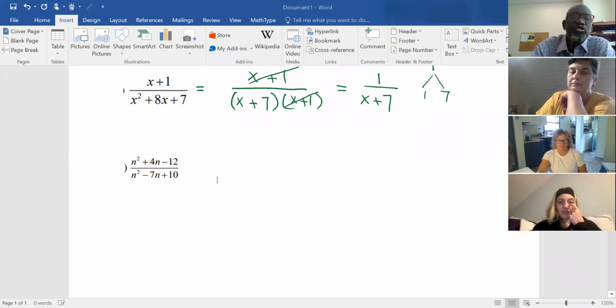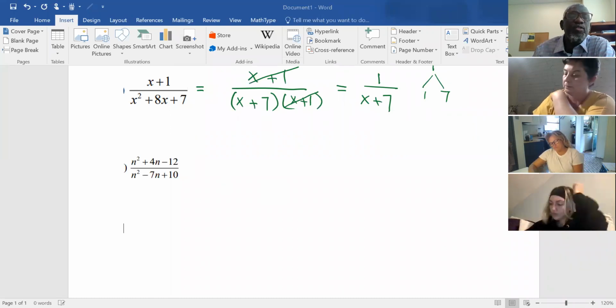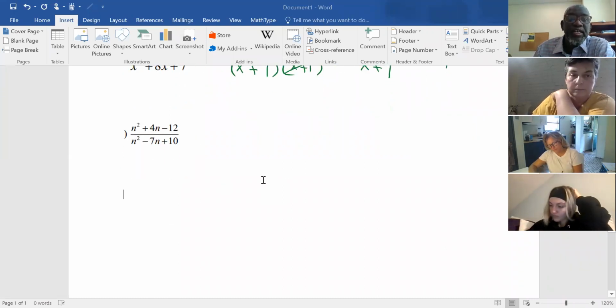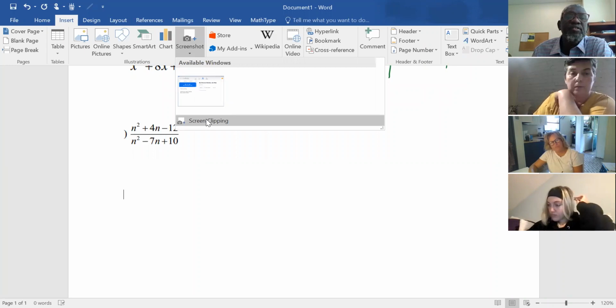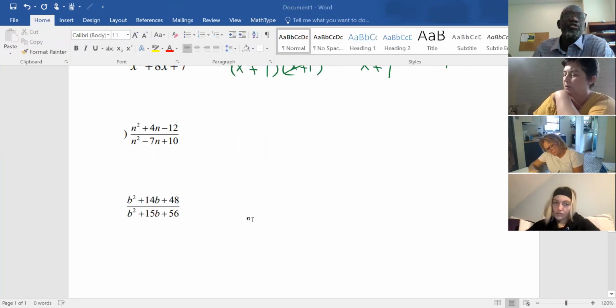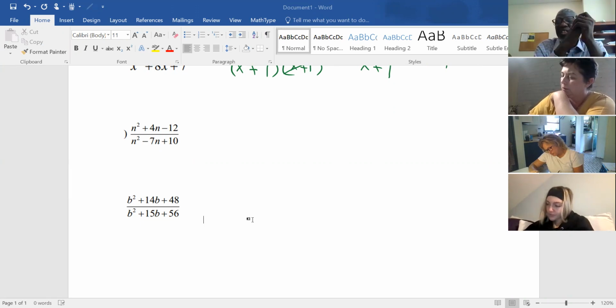All right, so everybody try to do this one: n squared plus 4n minus 12. Again, a lot of factoring involved, right? Try to do this too. Again, it's going to be a lot of factoring. Factor the top, factor the bottom, see if something is the same.